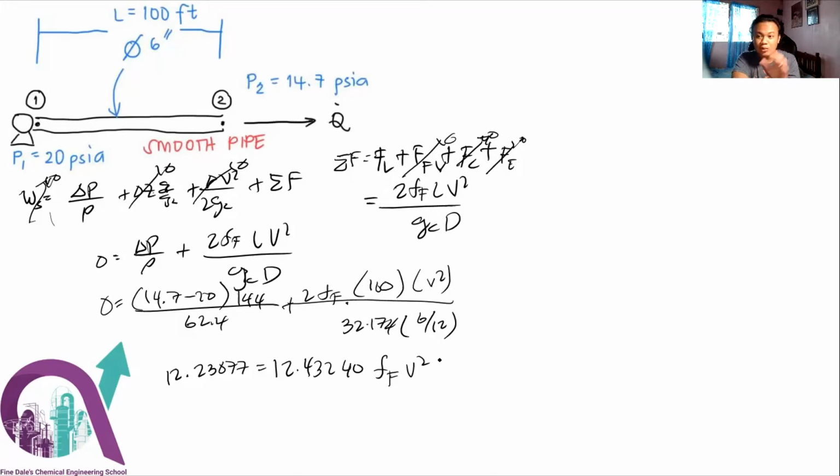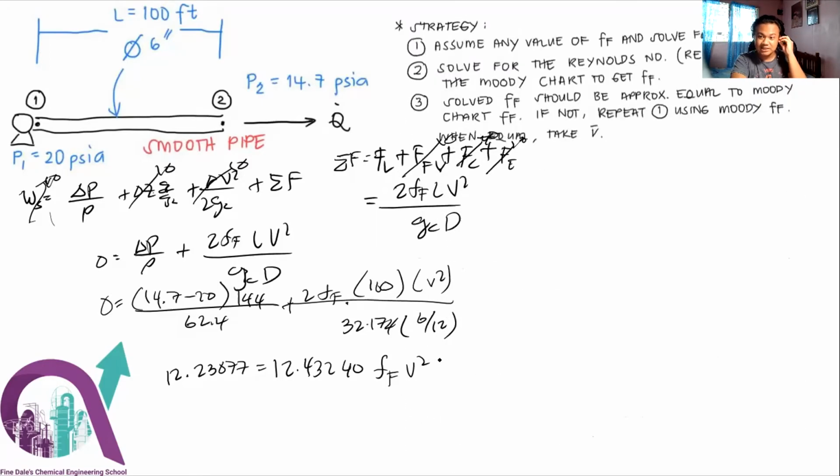So what is our strategy now? He proposed this. I'll just read it to you because it is being blocked by my video. I will stop my video so I can read it to you.